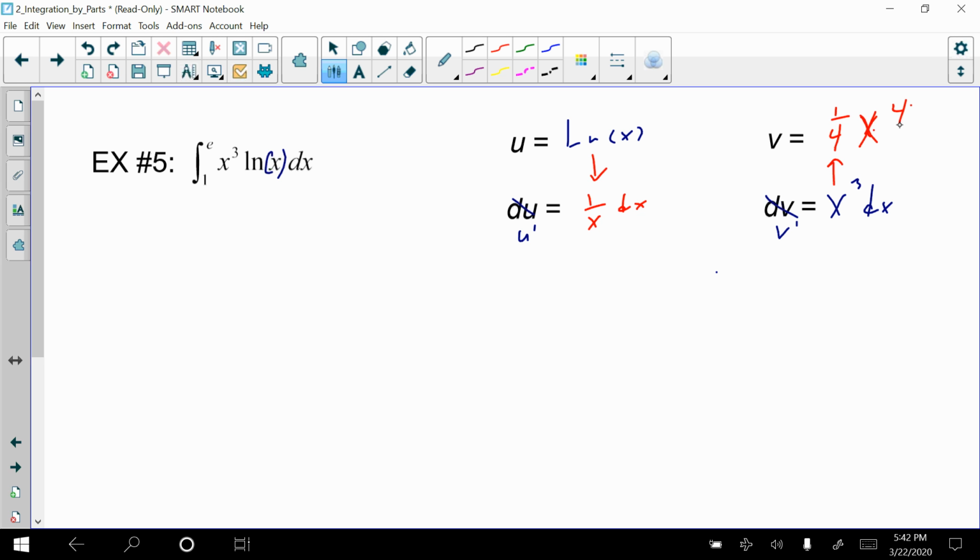So substituting, well, actually, let's start writing the equation out first. So we have, in this case, the definite integral from 1 to e of x cubed times the natural log of x dx. So here we're going to say this is equal to u times v.